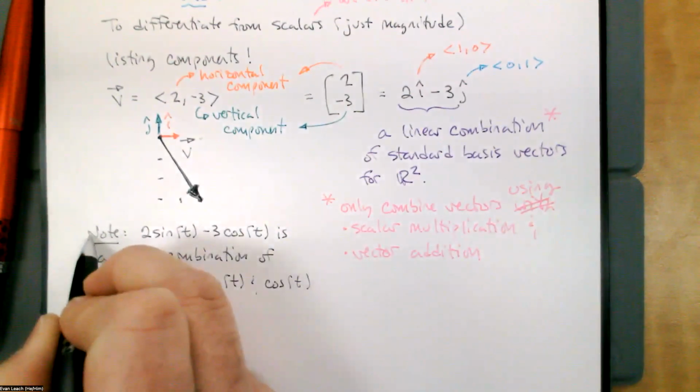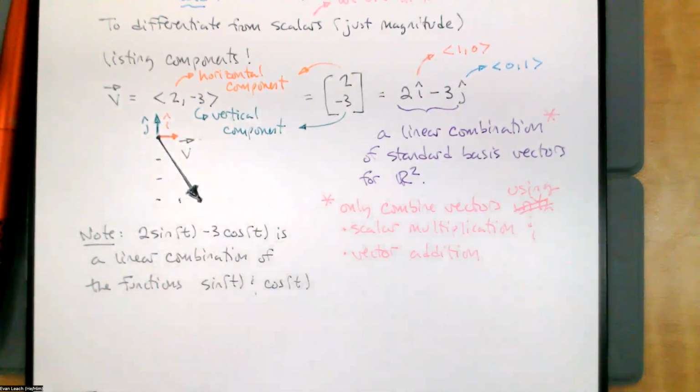So for example, the function 2 sine t minus 3 cosine t is a linear combination of the functions sine t and cosine t. And all we did to combine these two is multiply them by scalars and add the functions together.